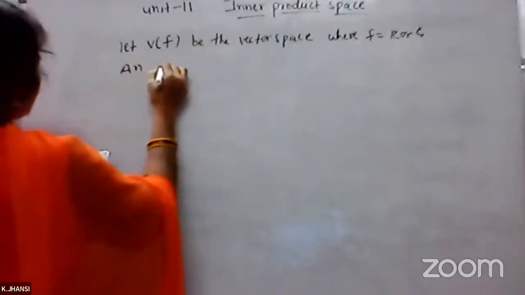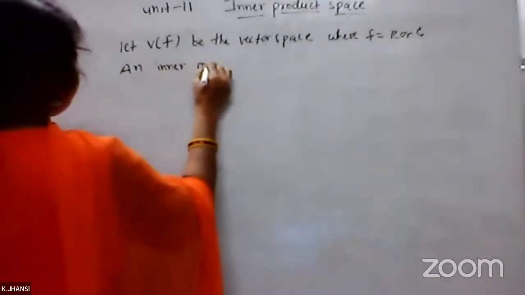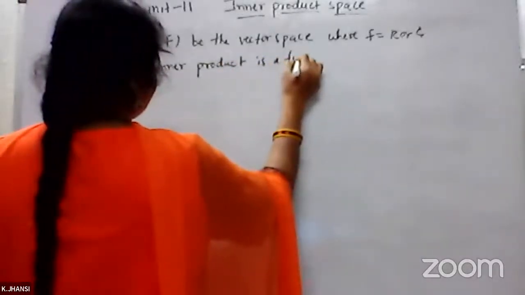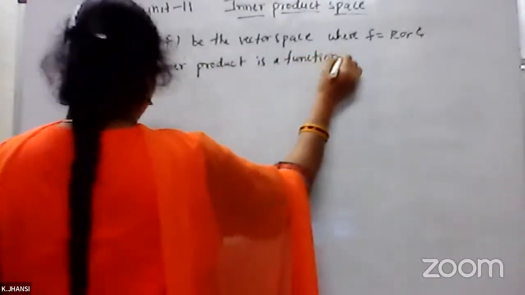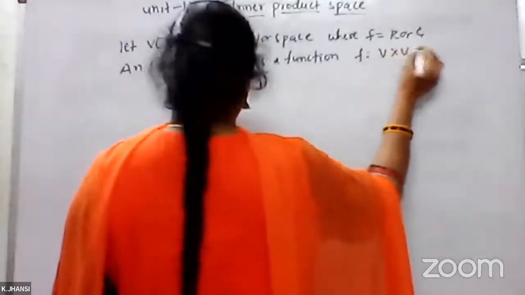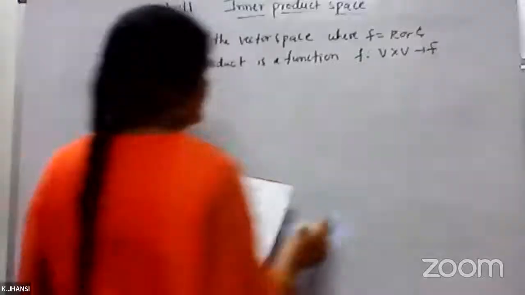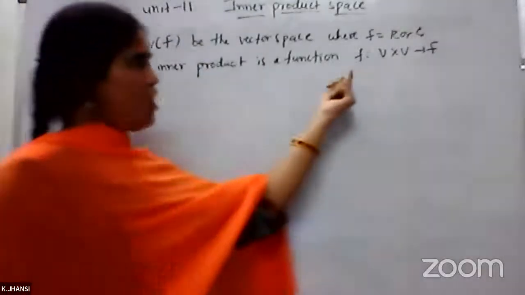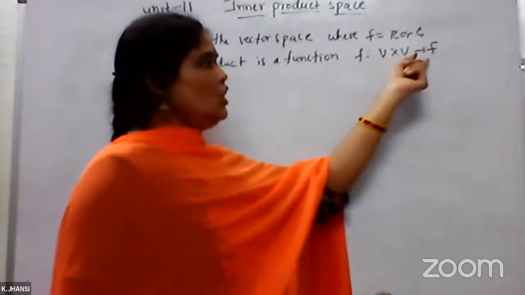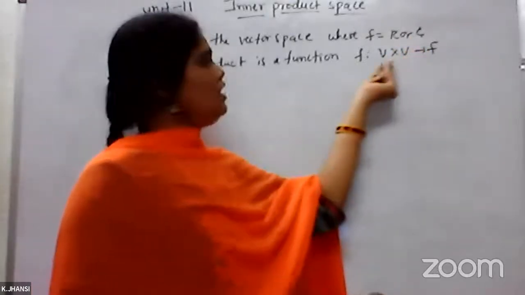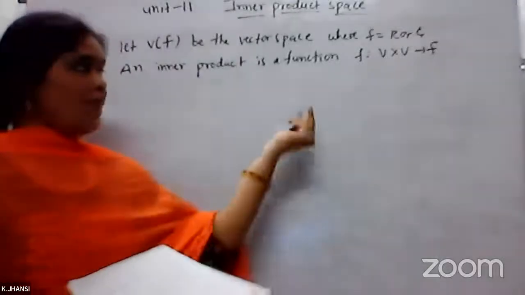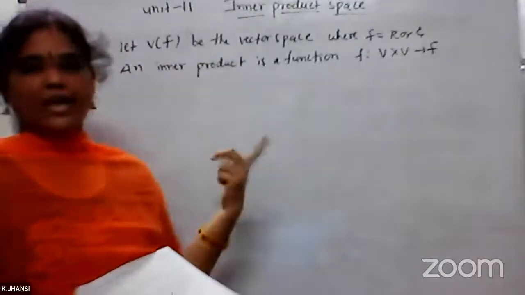And inner product is a function f, that is, small f is the function which is mapping from V cross V to capital F. Okay, so V cross V means here the field of vectors and F is the field of scalars.